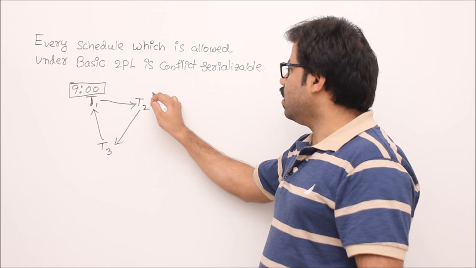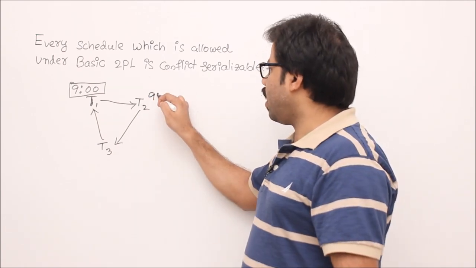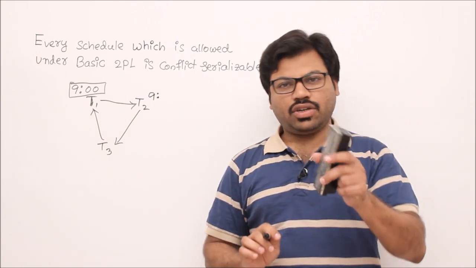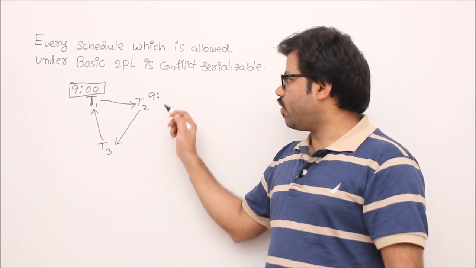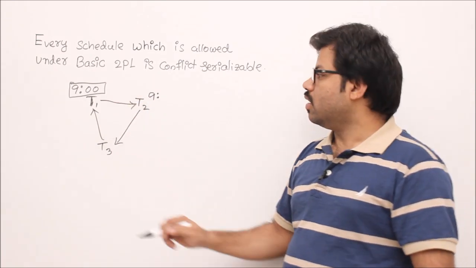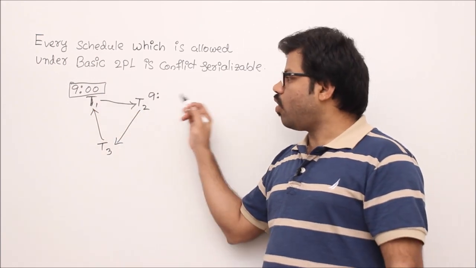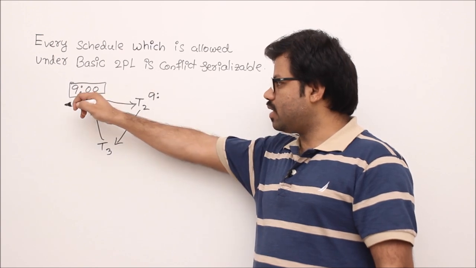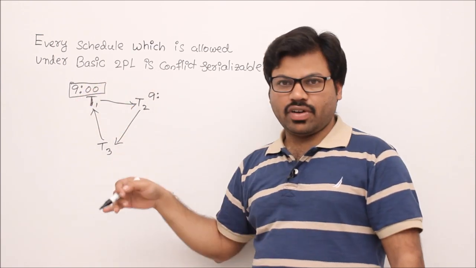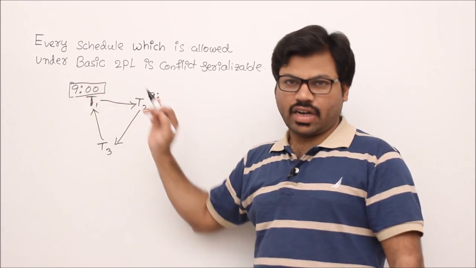What I want to say is T2's release of its first lock will definitely be after 9 o'clock, not before 9 o'clock. The reason: even if T1 is releasing its first lock at 9 o'clock, T2 wants a lock on a database item which is now locked by T1 and is going to be released after 9 o'clock.